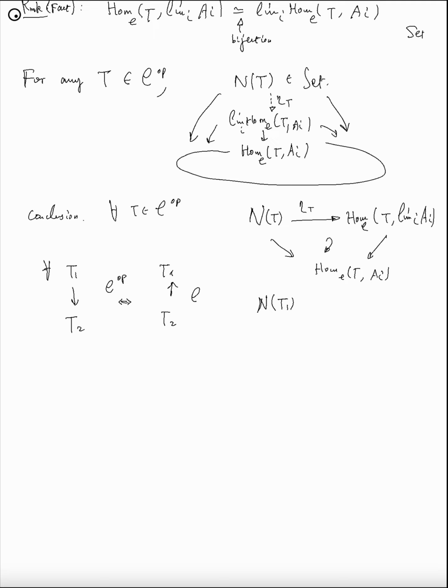Yeah, so actually still this direction. Do we have this? So this we have. Similarly, we could construct eta T2, and then the question is whether this is commutative.